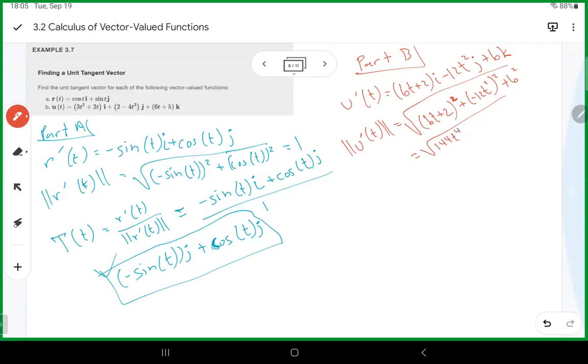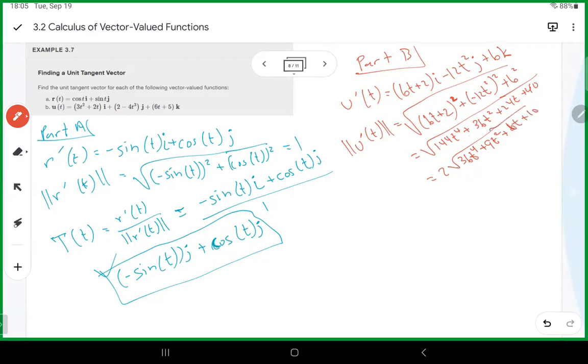2 to the 4th plus 36t squared plus 24t plus 40 is 36t to the 4th plus 9t squared plus 6t plus 10.